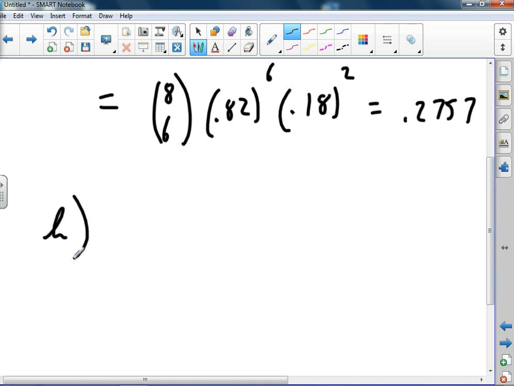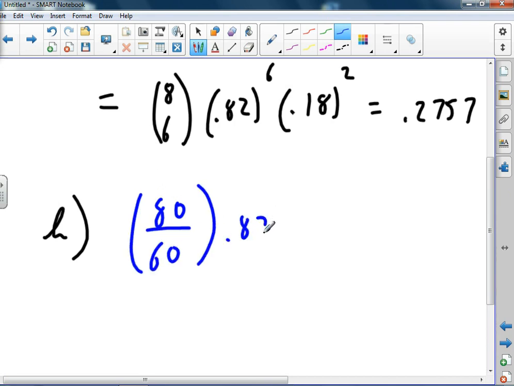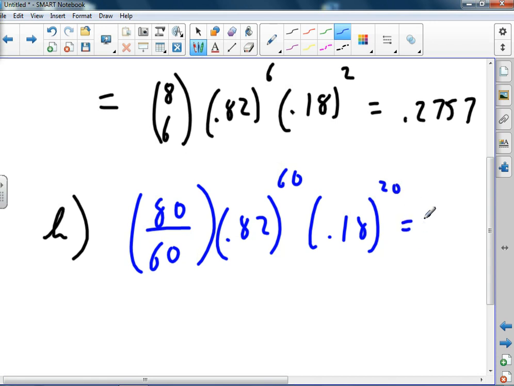Okay, so B. We have 80, 60, 0.82 raised to the 60, 0.18 raised to the 20. 80 choose 60 times 0.82 raised to the 60th times 0.18 raised to the 20th. 0.0303. Hmm. This is B.